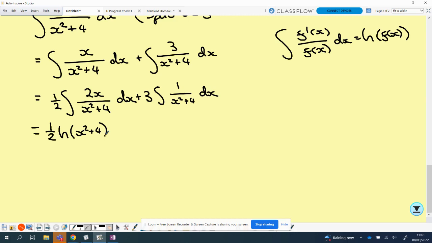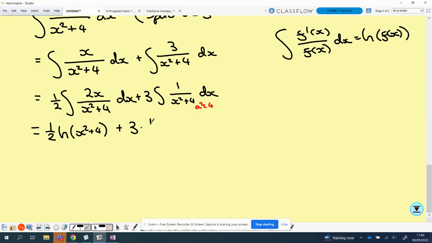And then over here, I'm going to have 3 times the integral of this. Now this is what you've seen earlier on in a previous video. That is the tan inverse rule we can use. So here, a squared is 4, so a is 2.